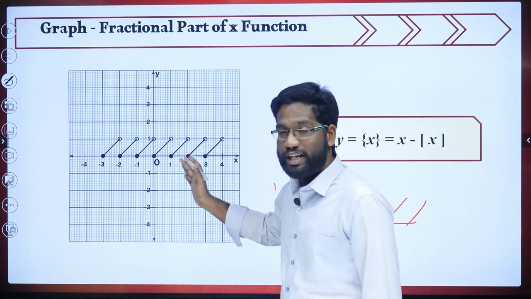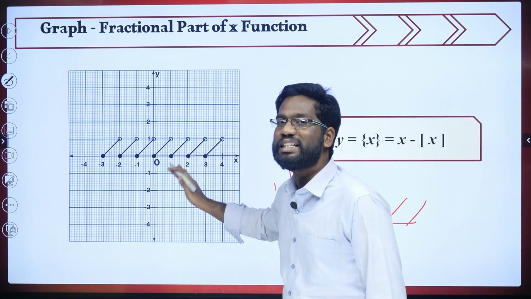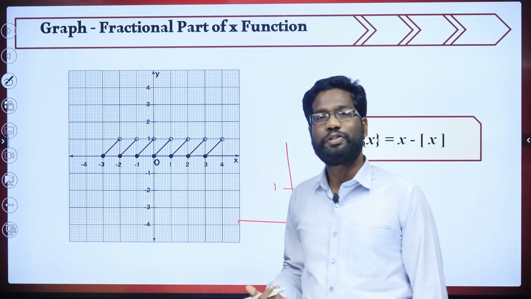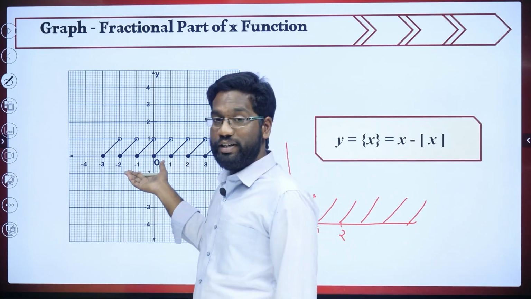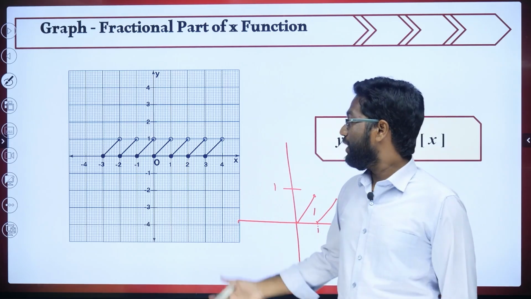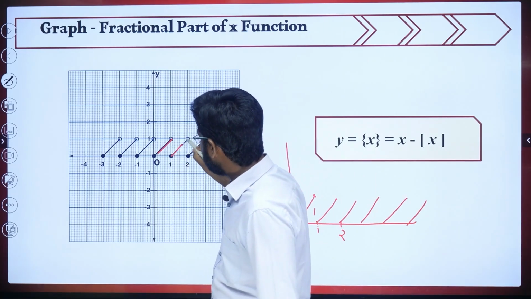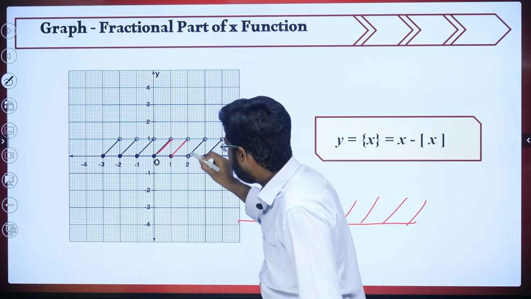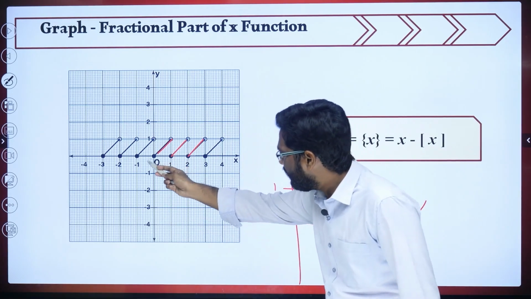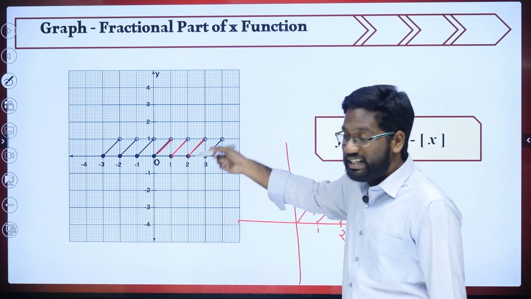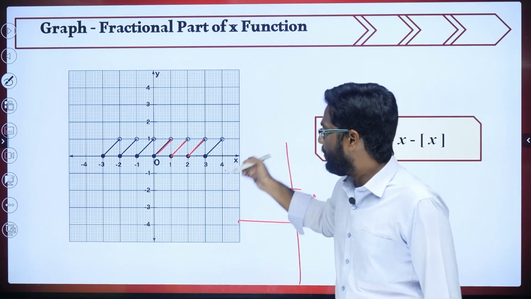By seeing it, you can say this is a discontinuous graph. Another thing you can get is whether the graph is periodic or not. Periodic means that after some time it takes the same values again. For every integer it keeps changing, as you are observing.